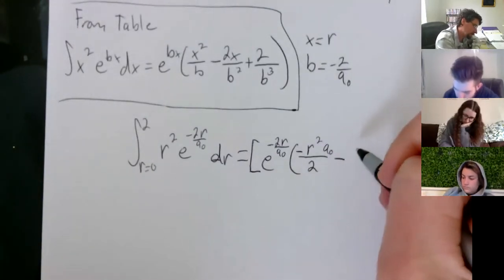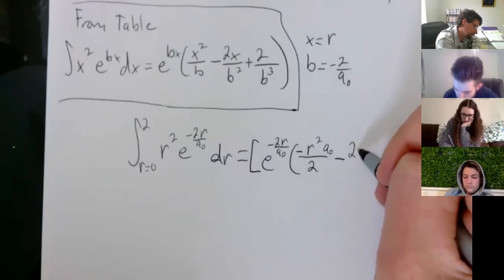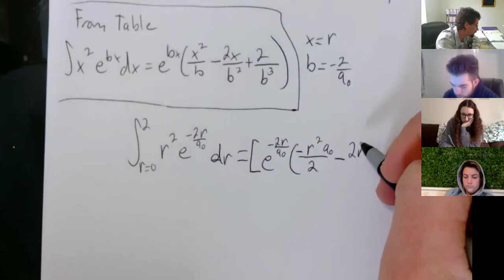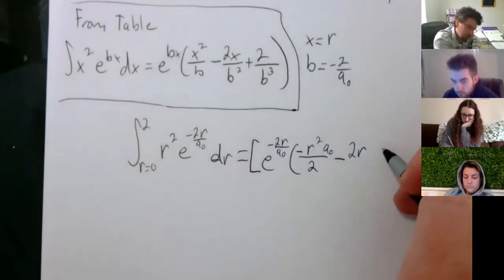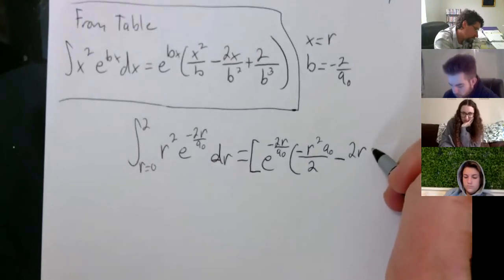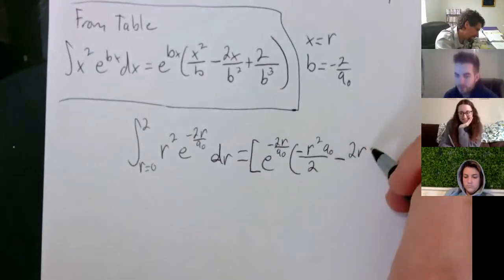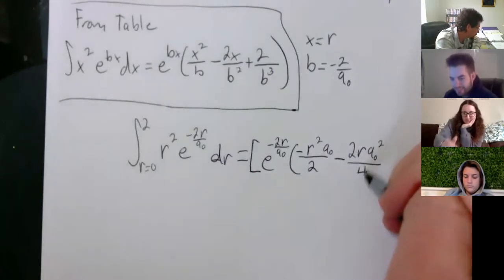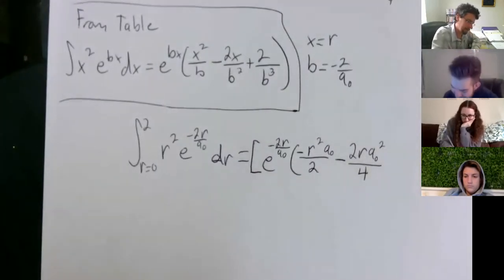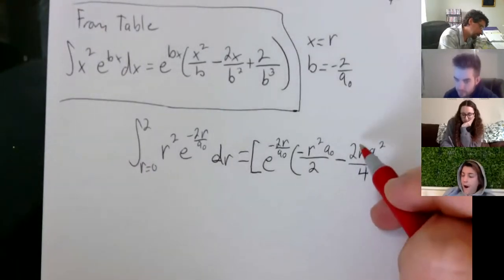Minus R squared A naught over 2 squared. Yep. So 2R, and what'd you say? Never mind. I guess flip it around, just do A naught squared divided by 4. Yep. So that simplifies, right? What's that going to simplify to? 1/2.